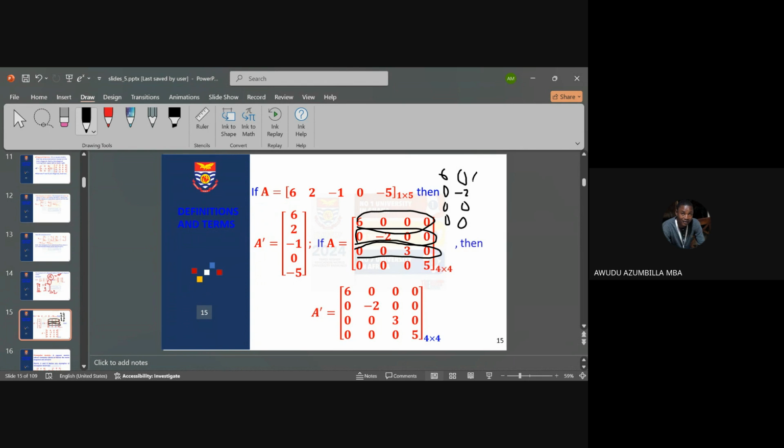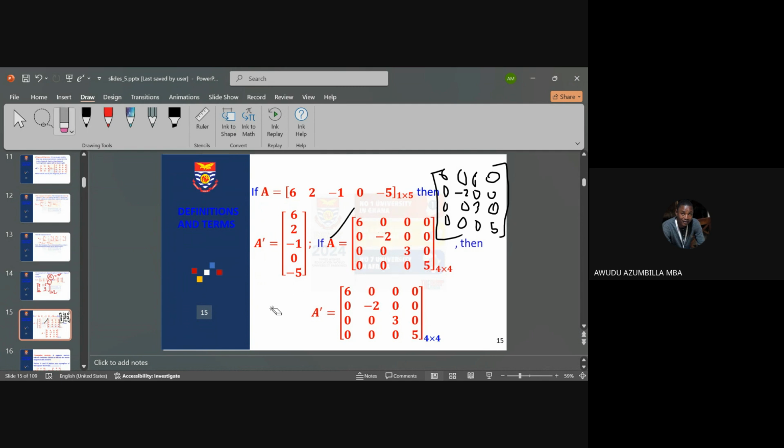You have 0, 0, 3, and then 0. Then you take the last one and write it vertically. You are going to get 0, 0, 0, 5. So you can clearly see that the transpose of A is the same as the original matrix.